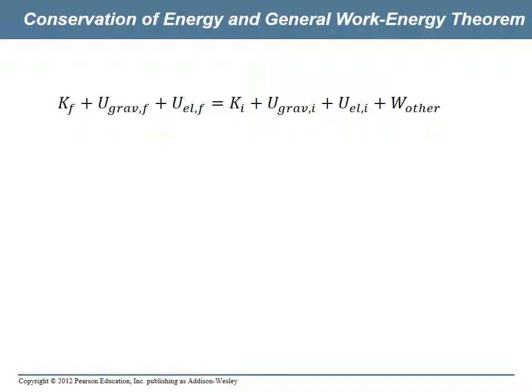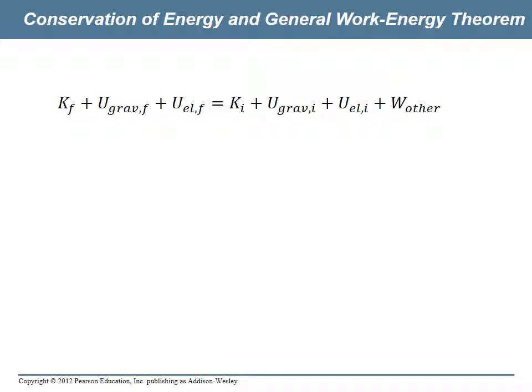So putting what I just said into mathematical form, basically what we have here is that your final kinetic energy plus your final gravitational potential energy plus your final elastic potential energy is equal to what you had in the initial state, initial kinetic, initial gravitational potential, initial elastic, plus some change in all of this, which is the work done by other sources, right?